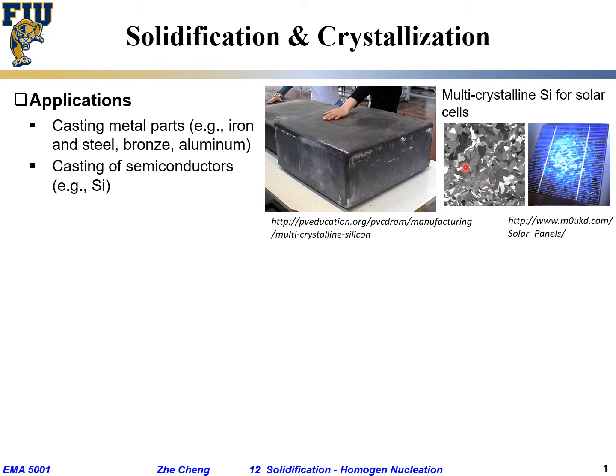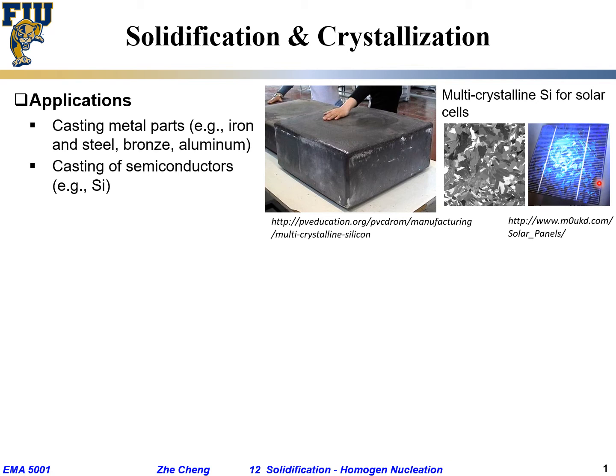What do the different shades mean? Grains, right? Different shades quite often mean different grains, it's one grain versus another grain. Quite often they would reflect the light in slightly different fashion. Okay, and then people put so-called AR coating that gives you that blue color, and then put the silver grid on top of it, you get a silicon solar cell.